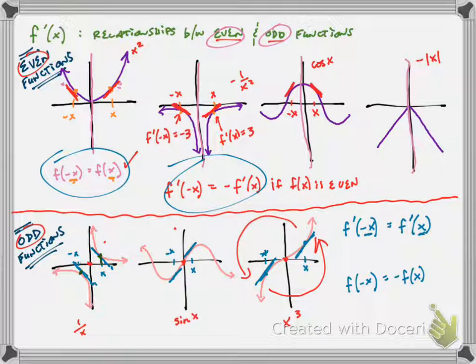That one we go up some distance, that one we go down the same distance. Go out to x and negative x, the outputs, the y values are opposite. In other words, with respect to f of x, f of negative x is equal to the opposite of f of x. But with respect to their derivatives, it's an odd function, the derivatives of the opposite inputs are exactly the same.